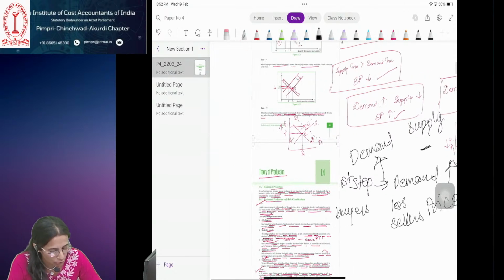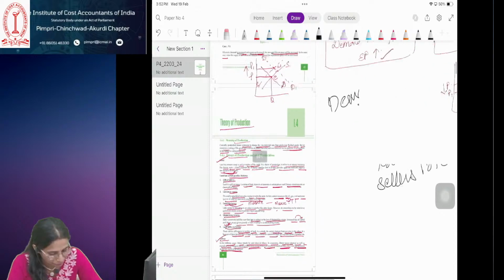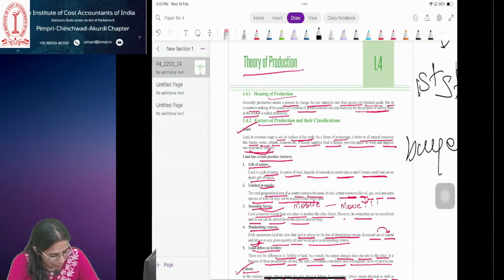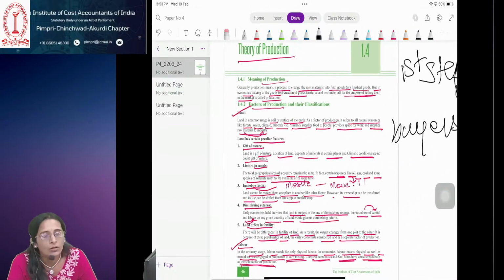Now we will move on to the theory of production. So first concept, what is production? The process of converting raw material into finished goods, right? If a manufacturing company takes raw material as input, converts it into finished goods and then sells it in the market, it means the manufacturing unit is producing.